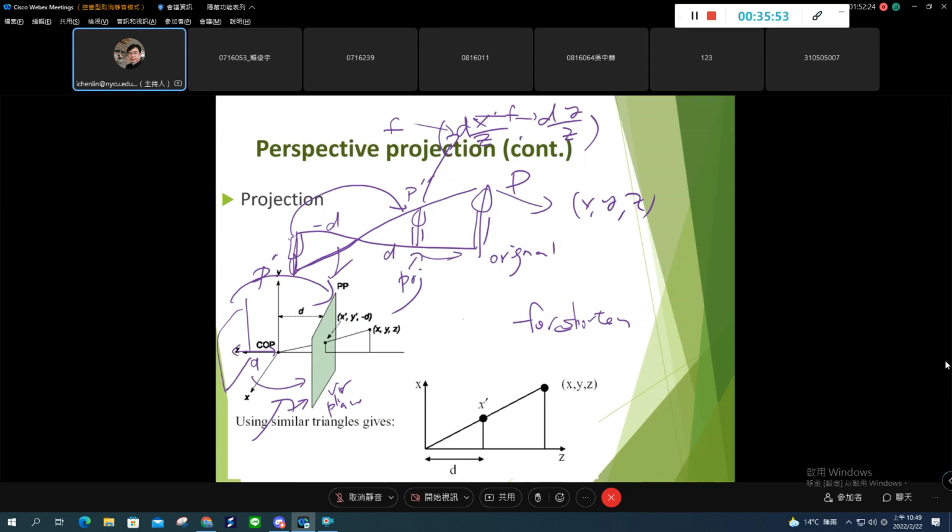For instance, if you have some guy here, the guy closer to the camera is supposed to be larger in the image, and those farther from the camera will be smaller. So foreshortening means the closer is larger and the more distant is smaller in the image. Yeah.